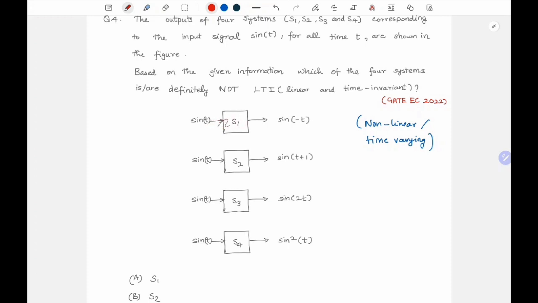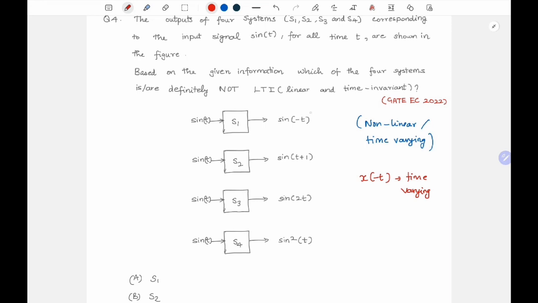So for the first case, sin t gives sin of minus t. At first, it may seem like it is linear but time varying, because we saw that for x of minus t, it is a time varying signal.